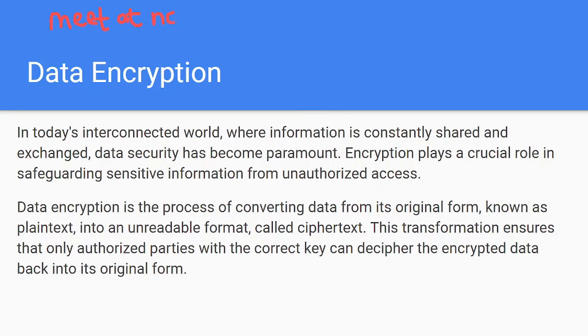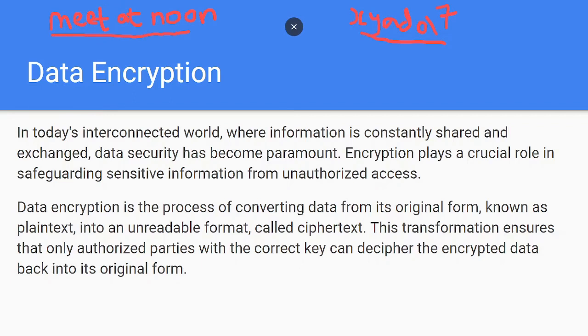So encryption means that when I want to send it, it's going to convert this data, meet at noon, into something unreadable when it is transferring the data to the person that I want the data to go to. So maybe it transfers it to something like XYADO17, something unreadable.